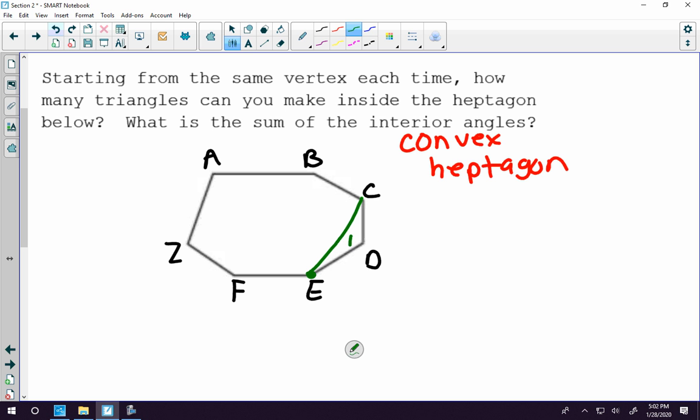Starting back at vertex E again, all the way to vertex B, that created a second triangle. Starting back at vertex E, going all the way to vertex A, created this triangle. And then from E to Z. So I want you to notice that we have 5 triangles there.